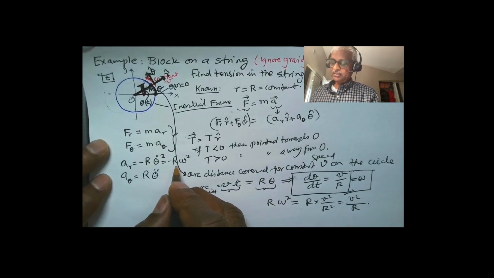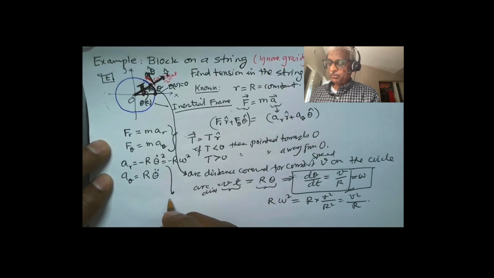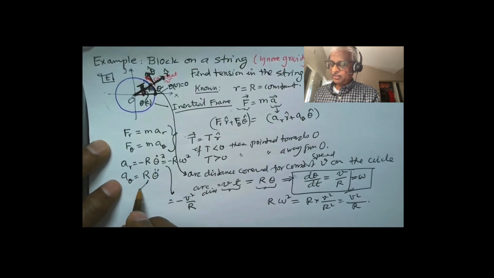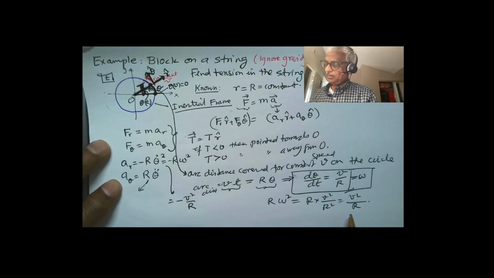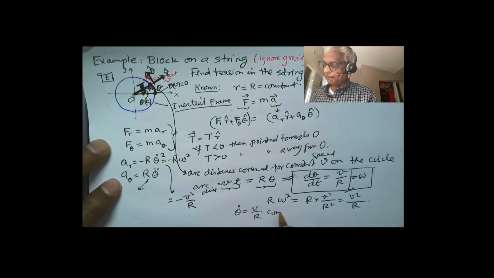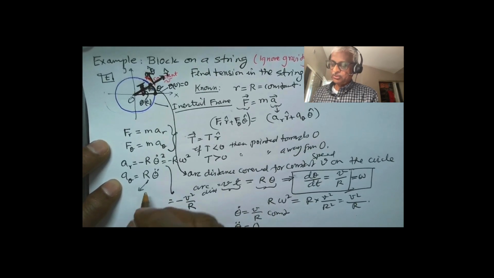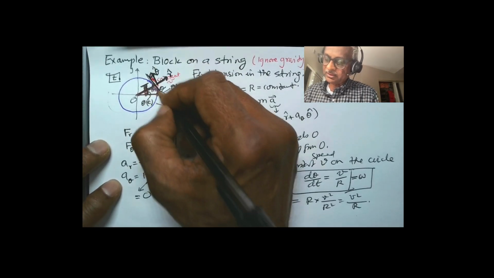This is already some formula you might be familiar with. It's going to be minus v square over r. And how about this guy? If theta dot equals v over r, which is constant, then theta double dot will be 0. So there is no force in that direction.